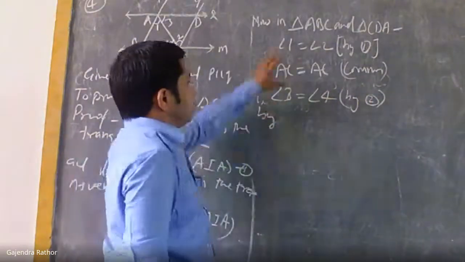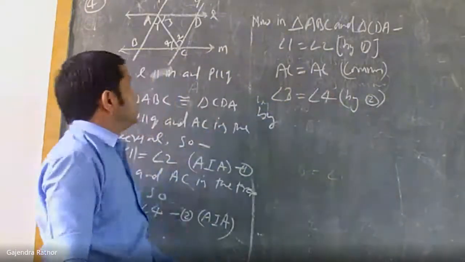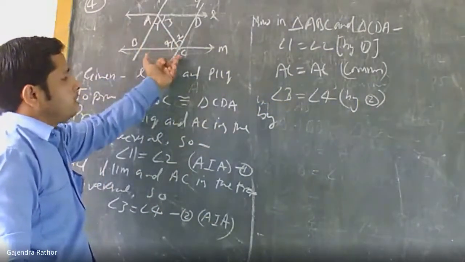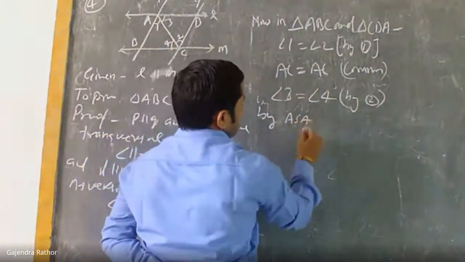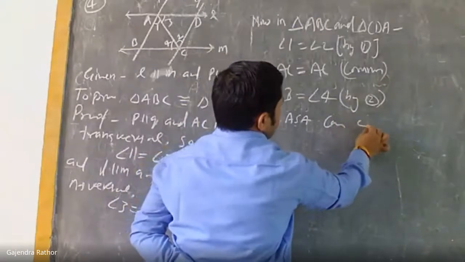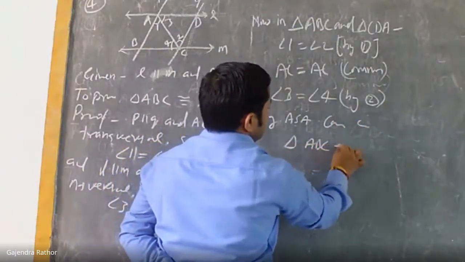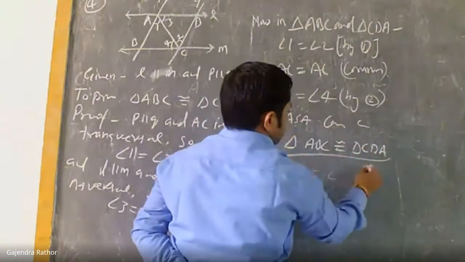So we have two angles and the included side is common. So this is the ASA property. By using the ASA congruence criteria, triangle ABC is congruent to triangle CDA.